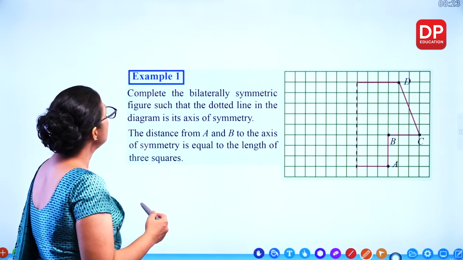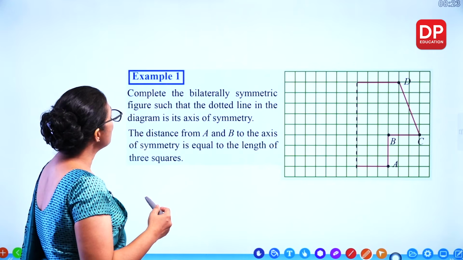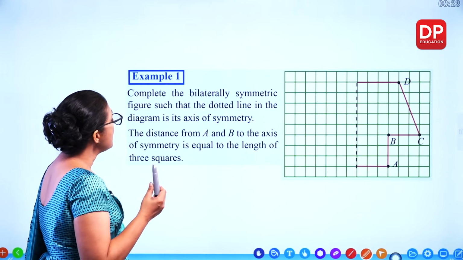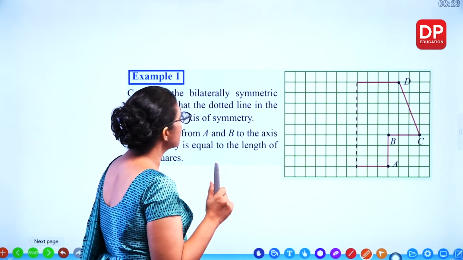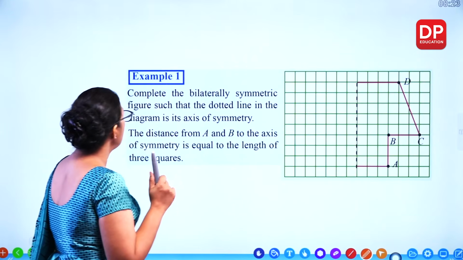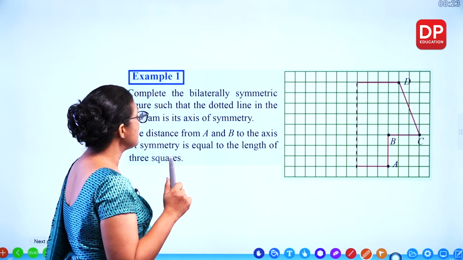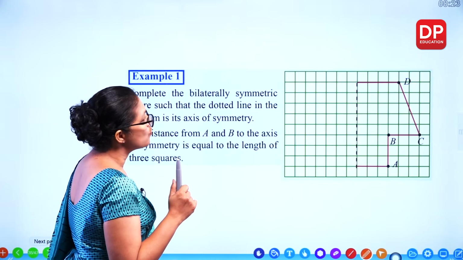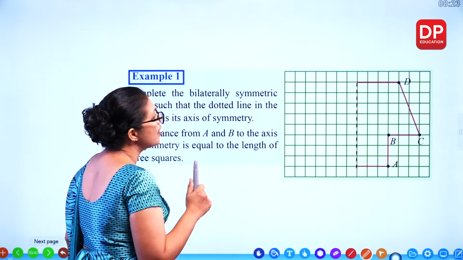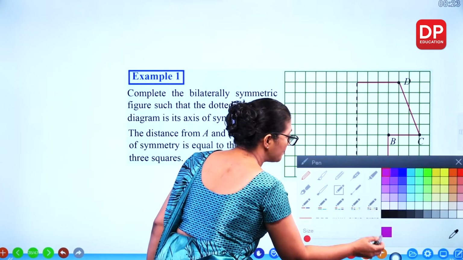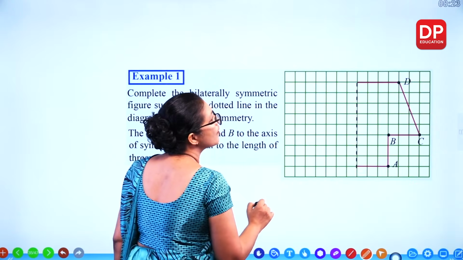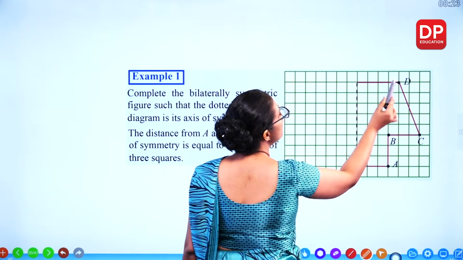Example number 1. Complete the bilaterally symmetric figure such that the dotted line in the diagram is its axis of symmetry. The distance from A and B to the axis of symmetry is equal to the length of 3 squares. So here we need to complete this diagram. 1, 2, 3, 4 here.